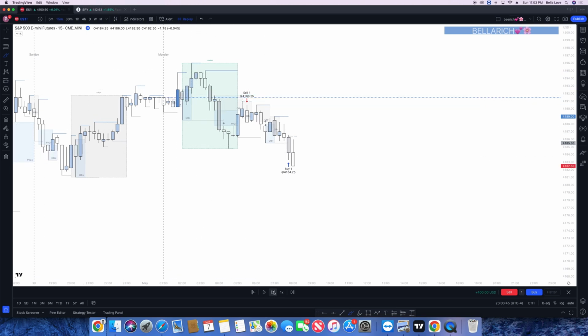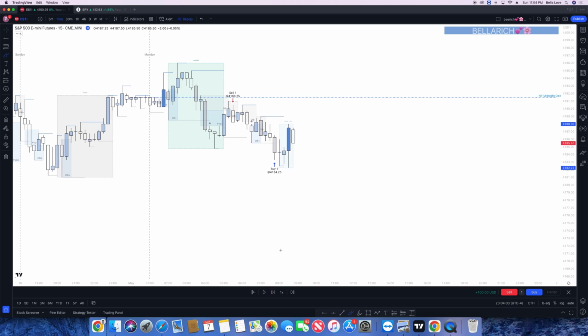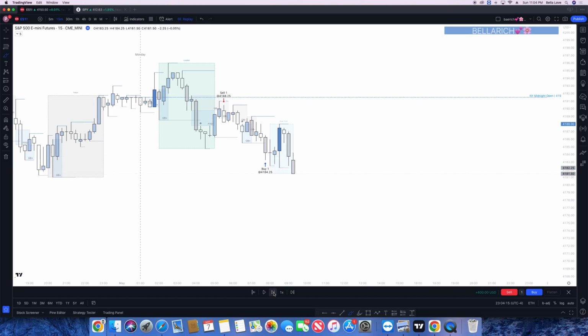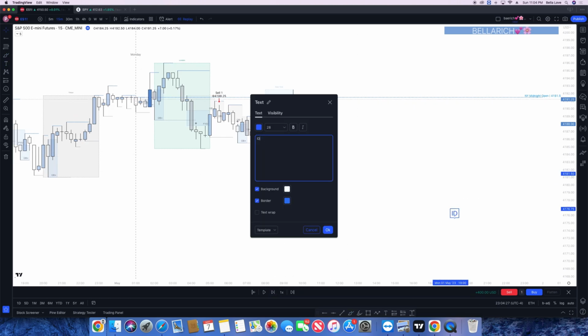So now we're in the New York session. I told you guys I do like to trade the New York session from 8 a.m. until 11 a.m. Now from this time, I don't know how long it's been in the New York session, but I'm pretty sure it's still the morning session because those are the times that I have marked.